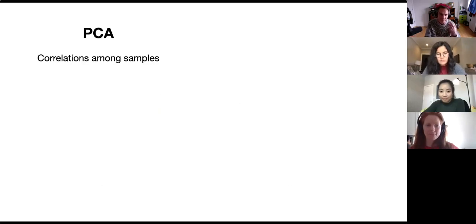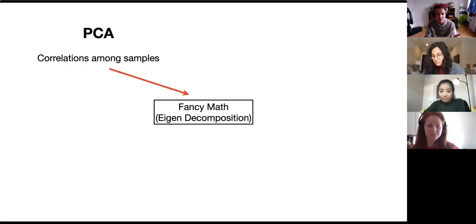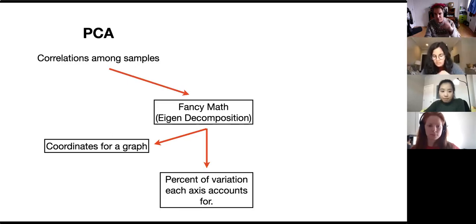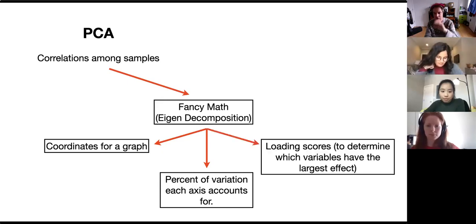For PCA, we take the correlations, then do some fancy math, eigen decomposition or singular value decomposition, and out of that come coordinates for a graph, and it gives us the percent of variation each axis accounts for. It also gives us loading scores, so we can determine which variables have the largest effect.